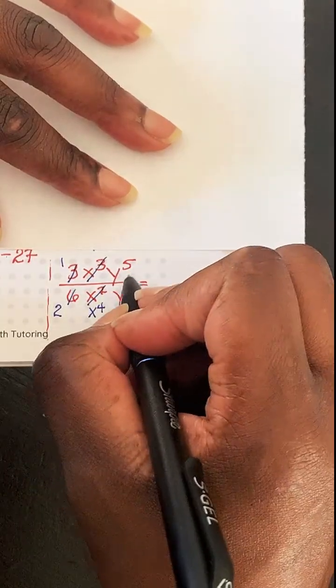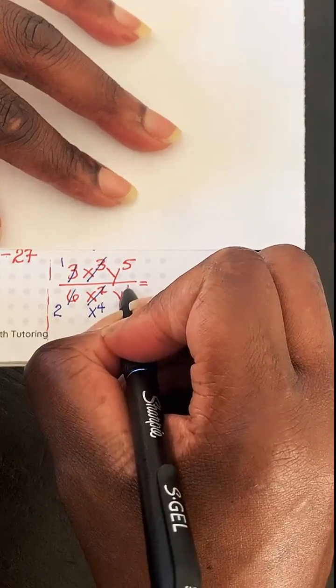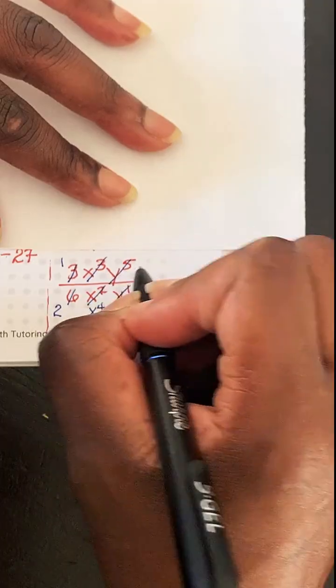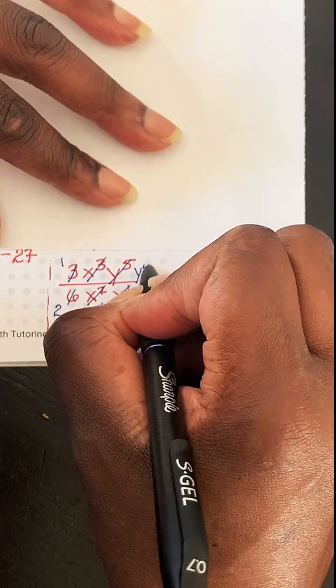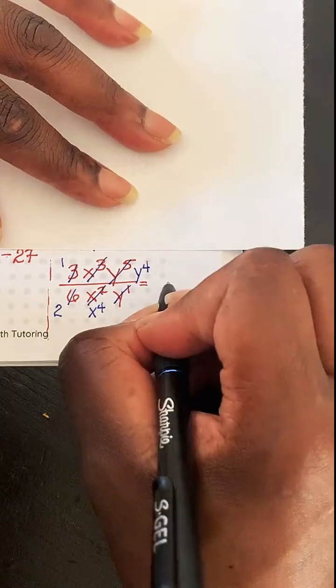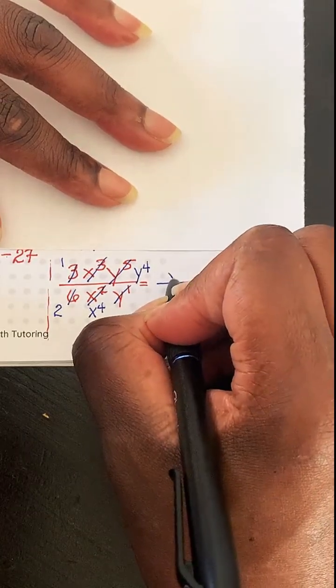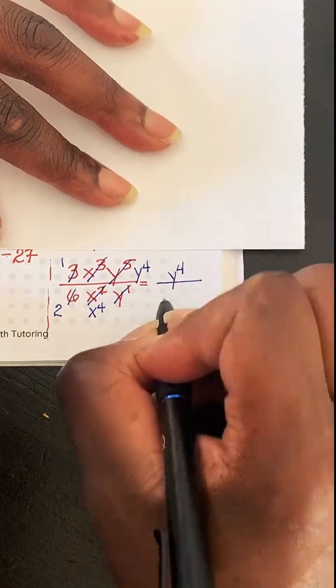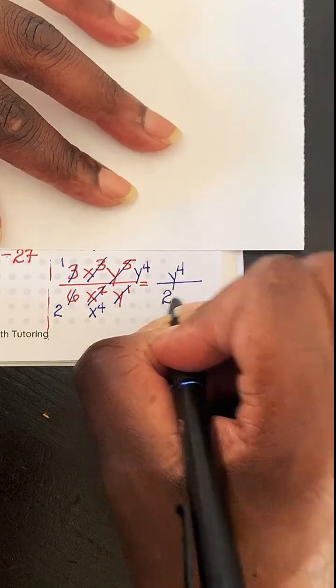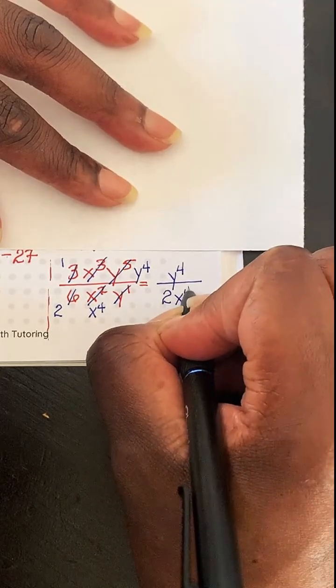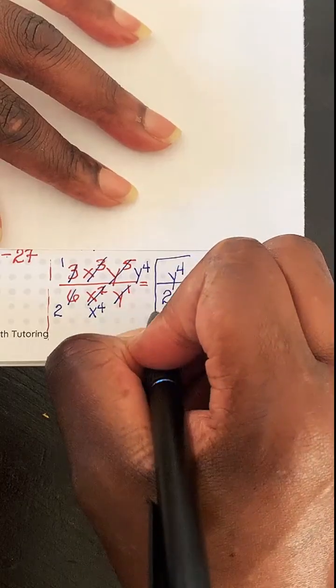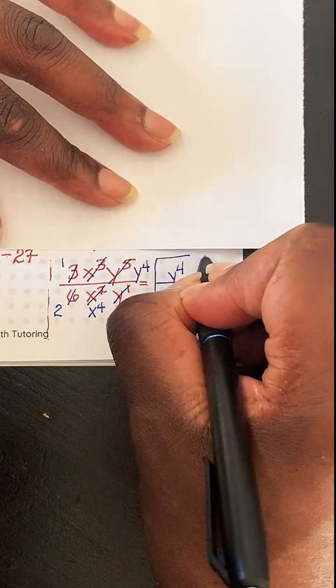There's 5 y's here. There's 1 y there. So there should be 4 y's up here. So my numerator, we have y to the 4th. Denominator, 2x to the 4th. There we go. Thank you all.